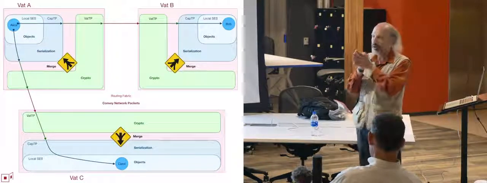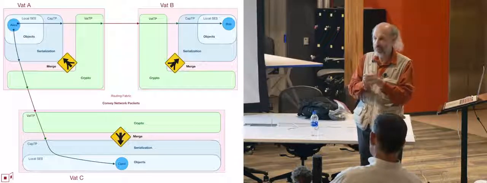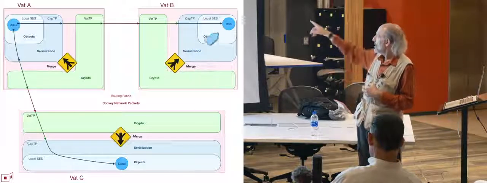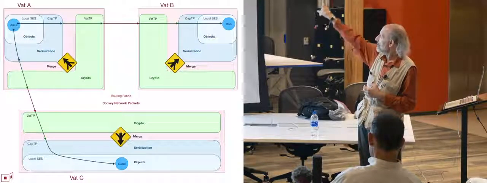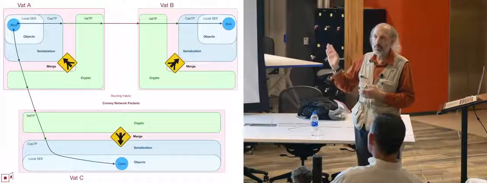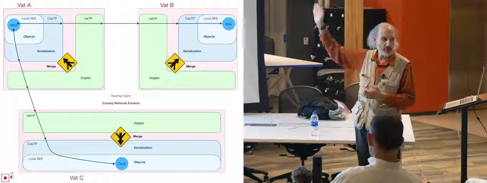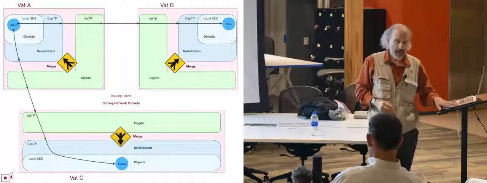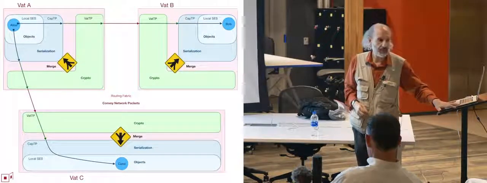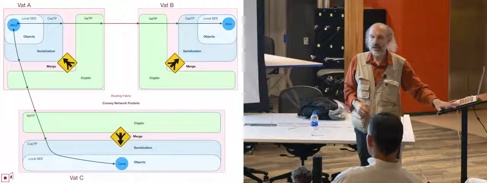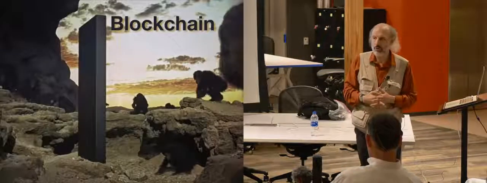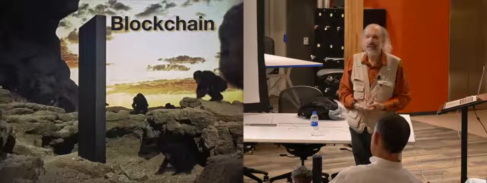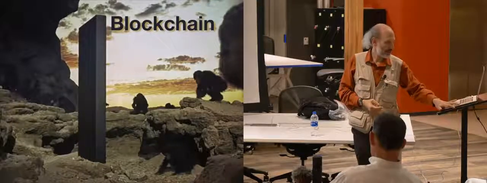But that's where a fundamental non-deterministic choice has to happen, which is that as the messages come in, they must be delivered into the object world in some specific full order. And this was the state of our thinking until the alien Satoshi Nakamoto visited our world and gave us new insight that changed everything.